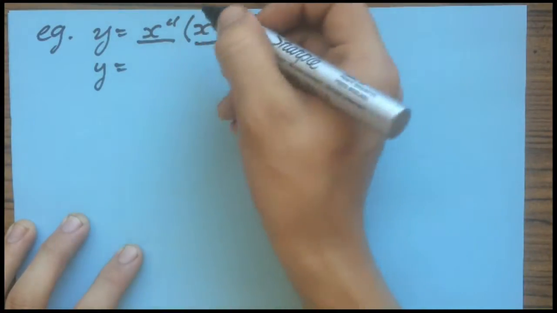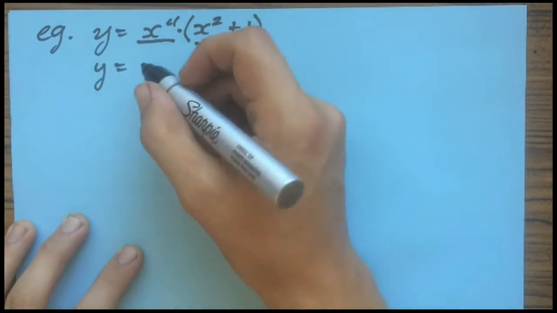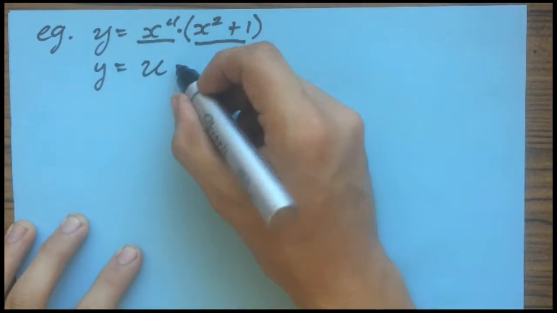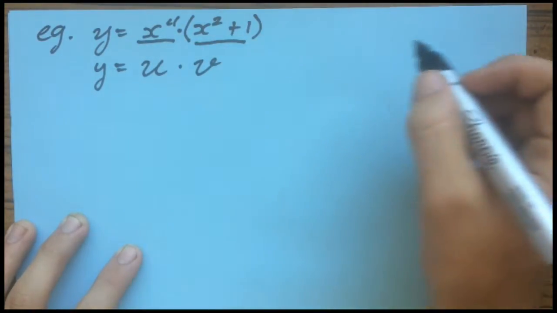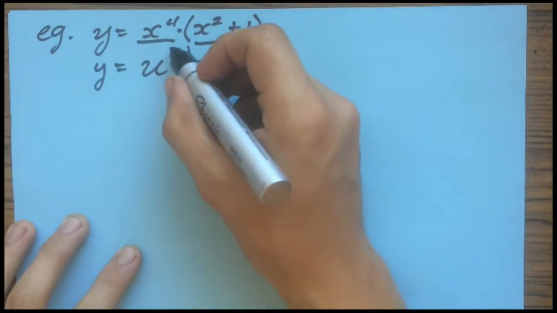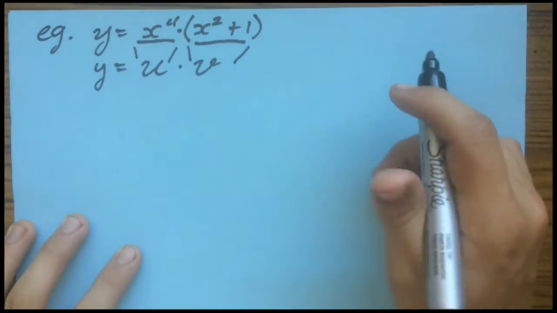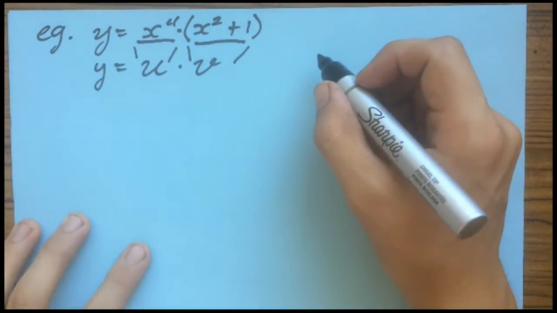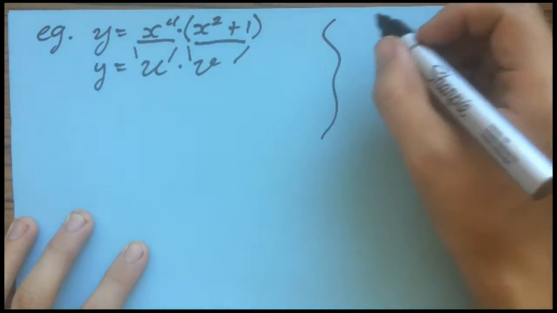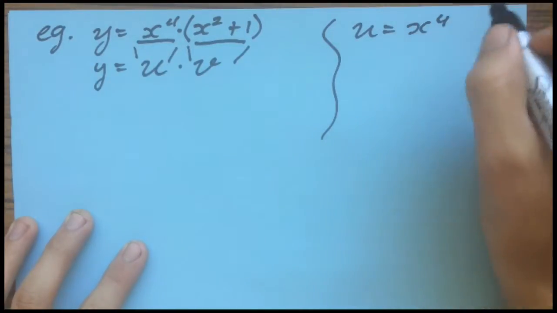Technically there's a multiplication in the middle, but you don't have to write that. If we write the formula on the bottom, that's u times v. If you're struggling, you can draw lines to indicate where they are. Now let's separate the page a bit and write down what u and v are for later.